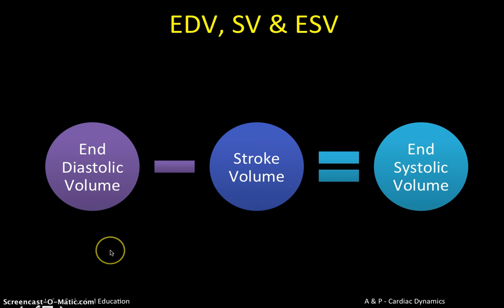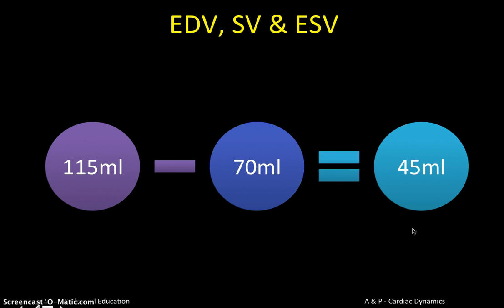If you're exercising, your heart would fill with blood, and you might contract more powerfully and eject a greater stroke volume, which means less would be left in there at the end. So those bits of terminology are really important to get your head around: the end of the filling, how much we pump out, and what's left at the end of the contraction.